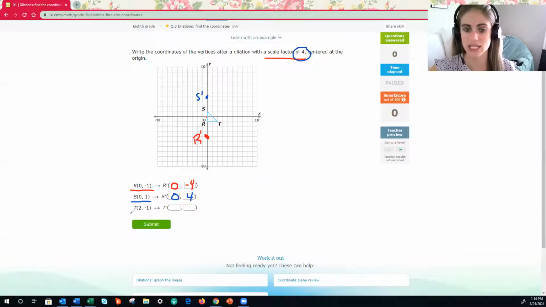And last but not least, T. So point T is also multiplied by a scale factor of 4. So 2 times 4 is 8. -1 times 4 is -4. So T prime is at (8, -4).